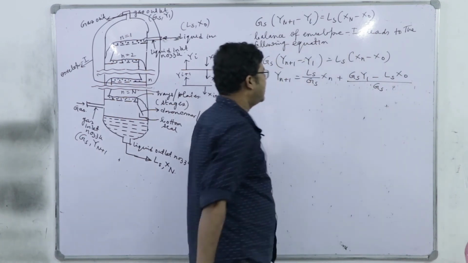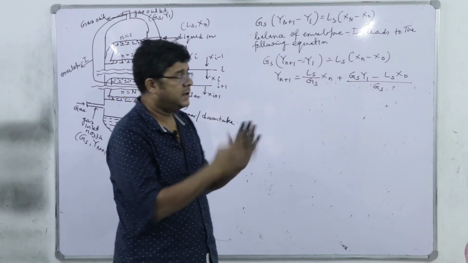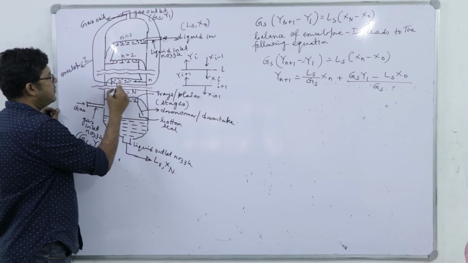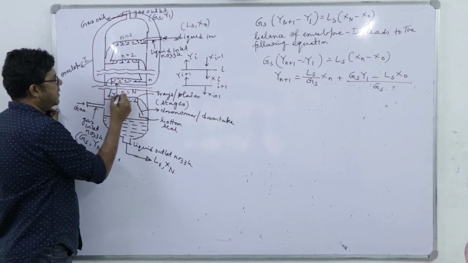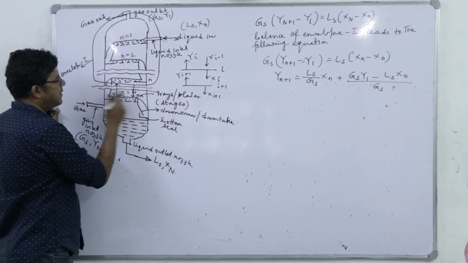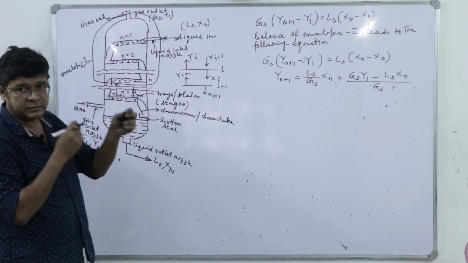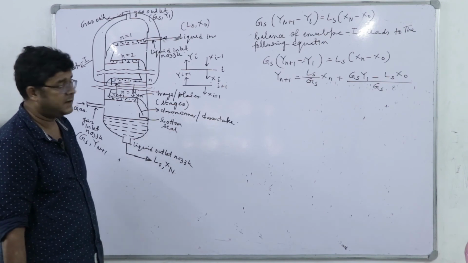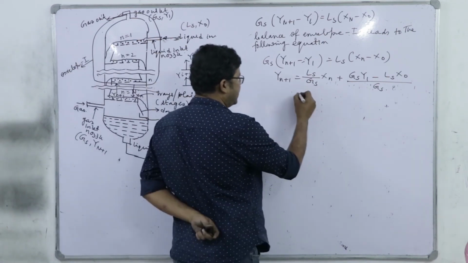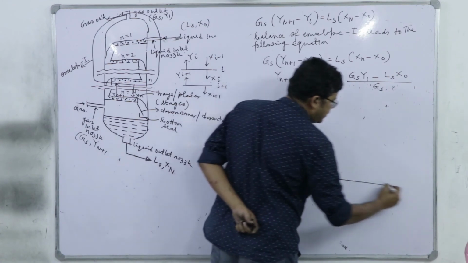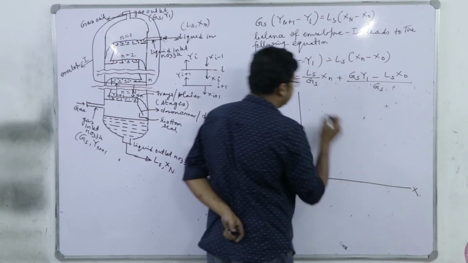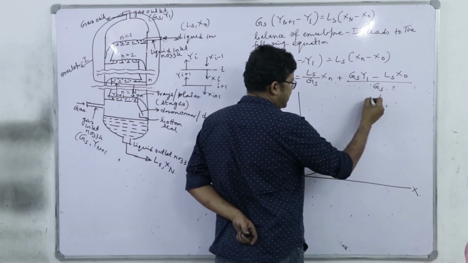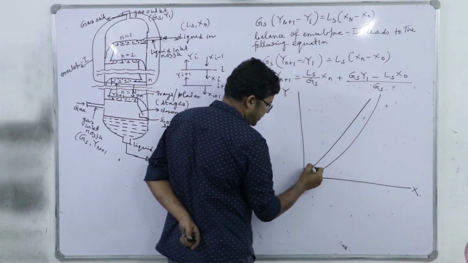Again, just like the previous, the operating line at any section, here this is Yn plus 1, here it is Xn. So it is correlating these two bulk phase compositions, one is Yn plus 1 and the other is Xn. So we have the operating line equation. It is capital X, capital Y, this is the equilibrium line, and let us say this is the operating line.